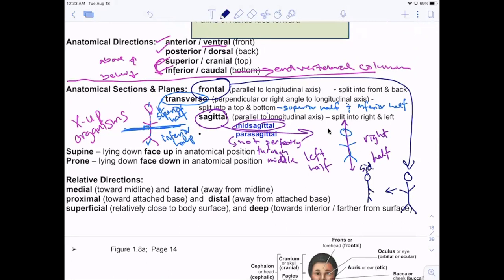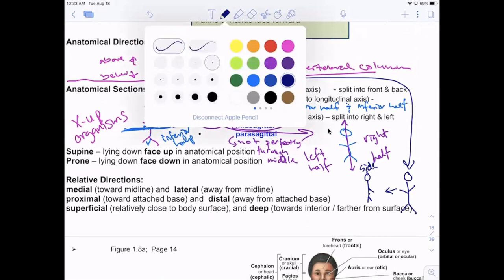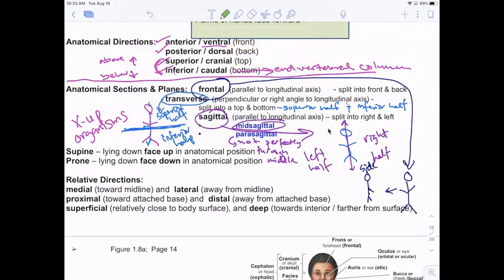So from the side, you're going to split it down the side like this, and you're going to break it into an anterior half and a posterior half. So that is what a frontal section does, splits into a front and a back.